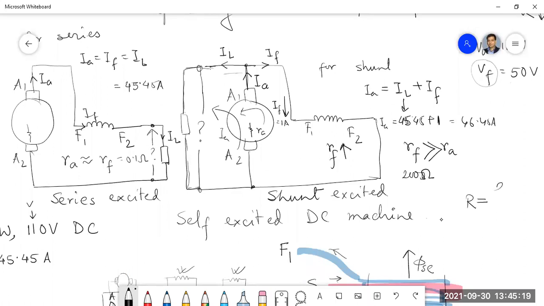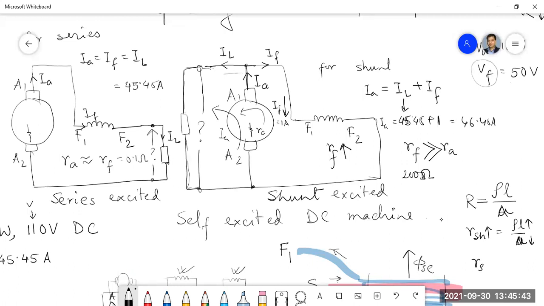The resistance formula, we all know, is rho L by A. Now, this resistance of the shunt, as we have to keep high, what should be the criteria? The area should be less and the length should be high.